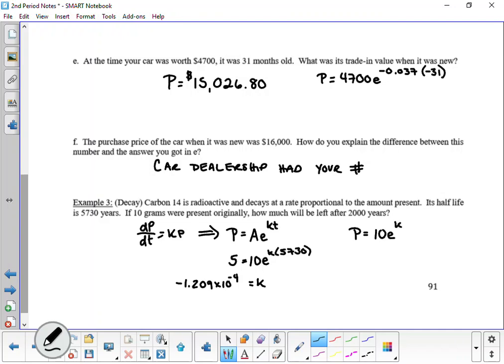And guys, on free response, once you label what k is, you don't have to put that in your exponent, because they will know to put that up there. So 10e to the k times 2,000. You get 7.851 grams.